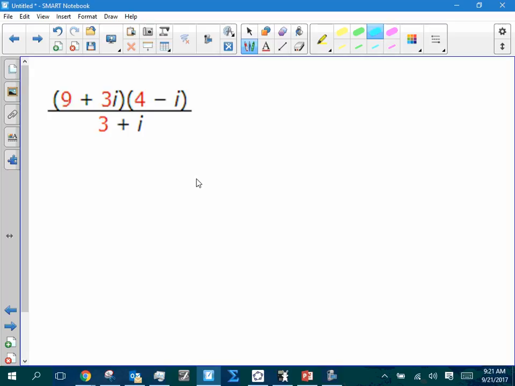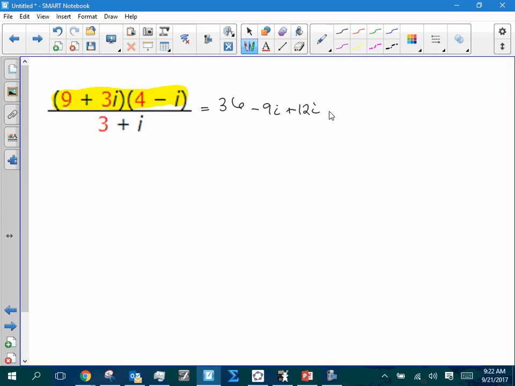Does that make sense? So what I'm saying here is we want to do this product first. Make that simpler. In doing so, we're just going to FOIL. So 9 times 4 gives me my 36. 9 times negative i is negative 9i. 3i times 4 is positive 12i.